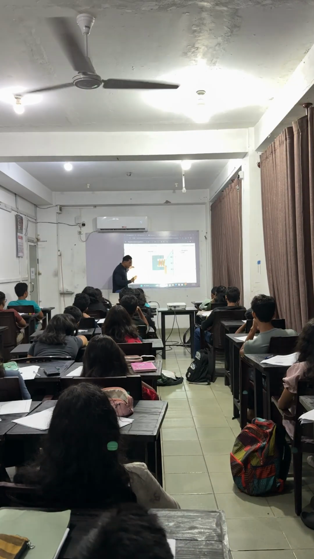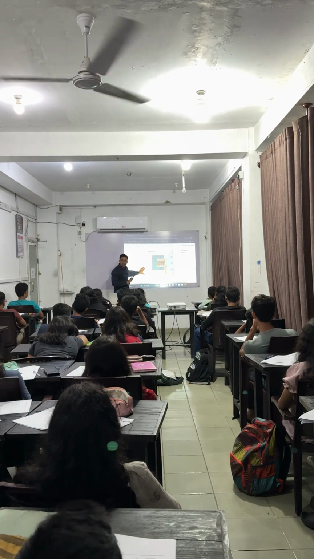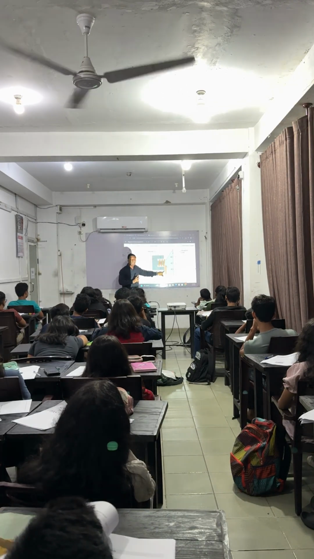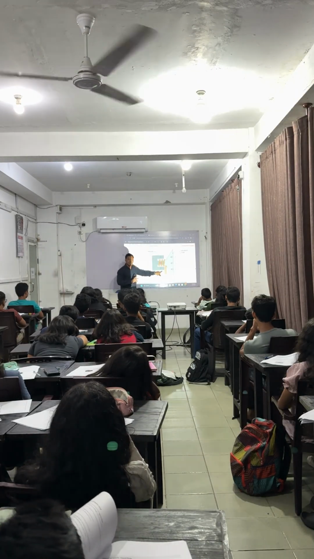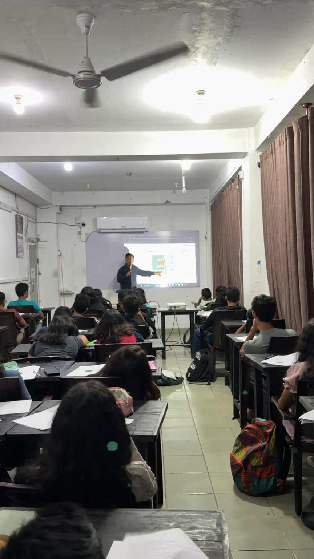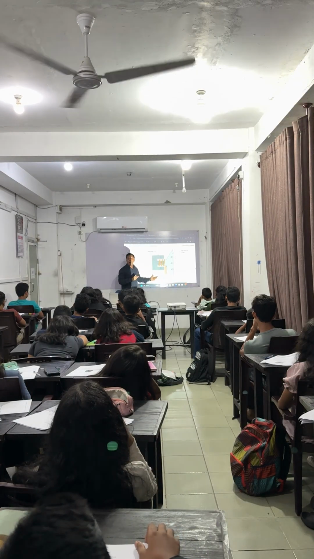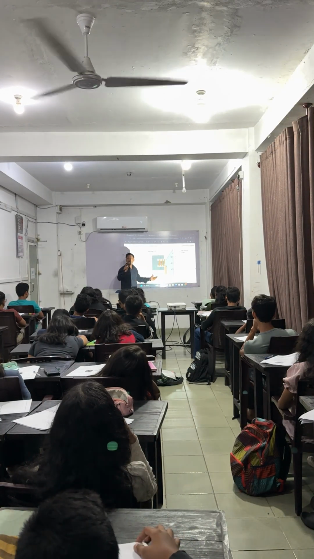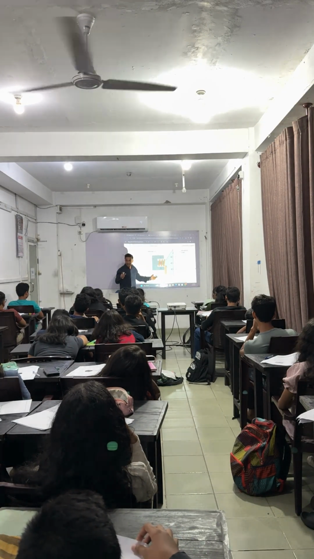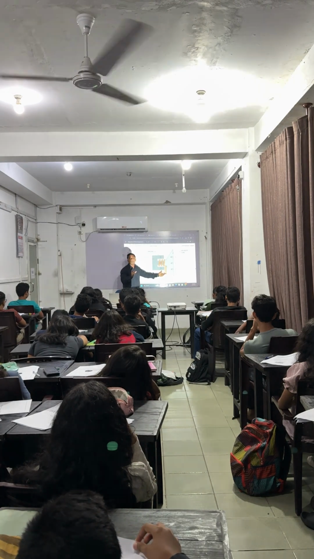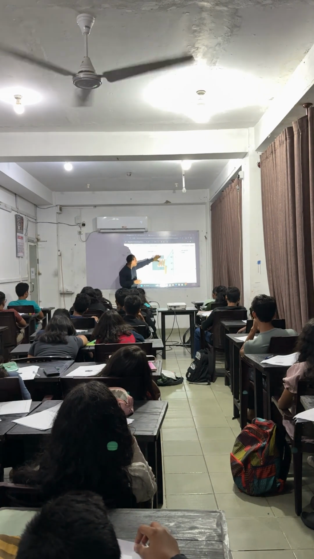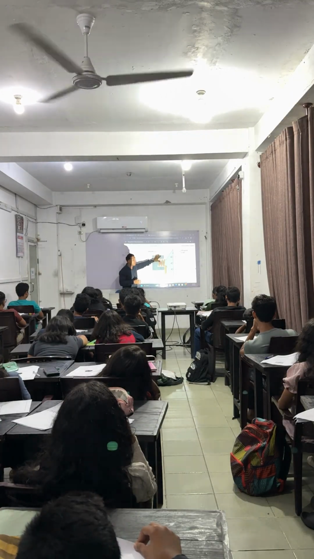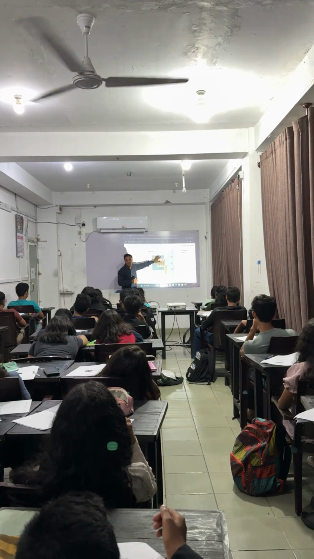Right. An alternating current or a signal arrives at the speaker coil. This alternating current produces an alternating magnetic field in the speaker coil according to the right hand grip rule, right? So that alternating magnetic field interacts with the permanent magnetic field of the opposite poles of the permanent magnet.